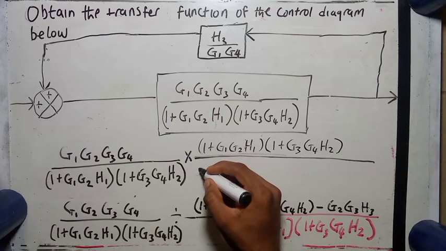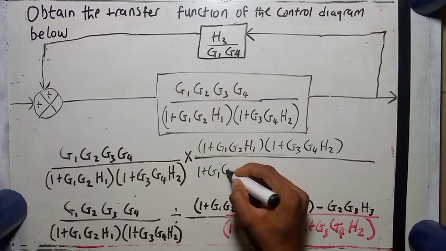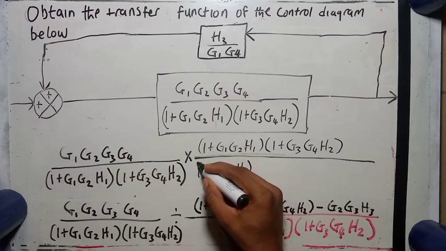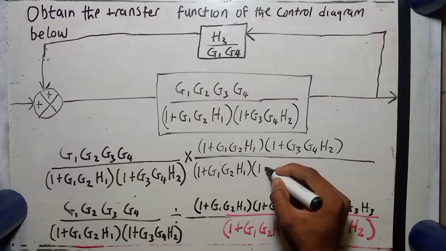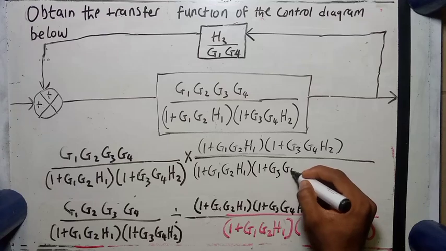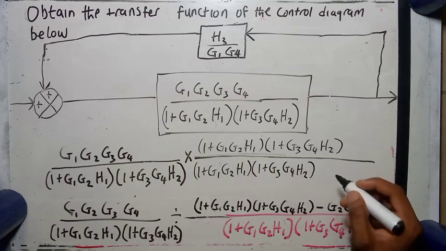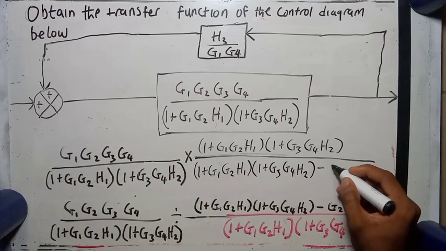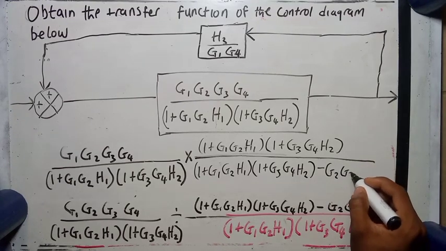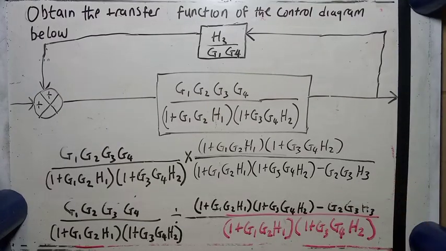Now we are going to be having 1 plus G1 G2 H1, 1 plus G3 G4 H2, minus G2 G3 H3.